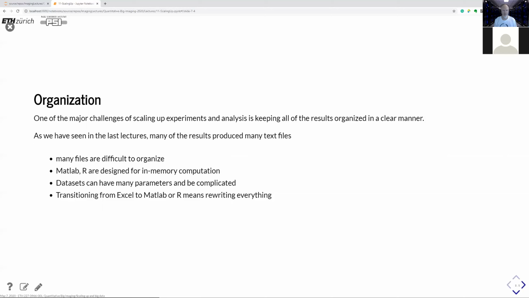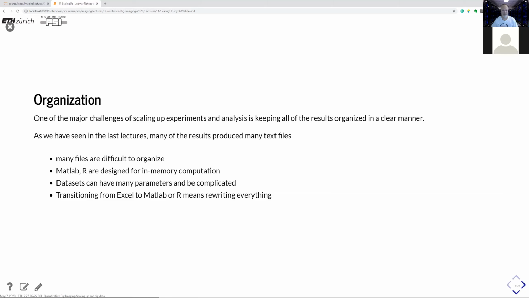After a while, it's even difficult to manage them for a human unless you have made a good structure in the data set. And languages like MATLAB and R are in general designed for in-memory computation. So it assumes you have everything available at the moment. There are probably also toolboxes that can do some distributed computing, but the main concept is still in-memory computation. And then the data sets can also have many parameters, and they can be complicated with cross-linkage between them.